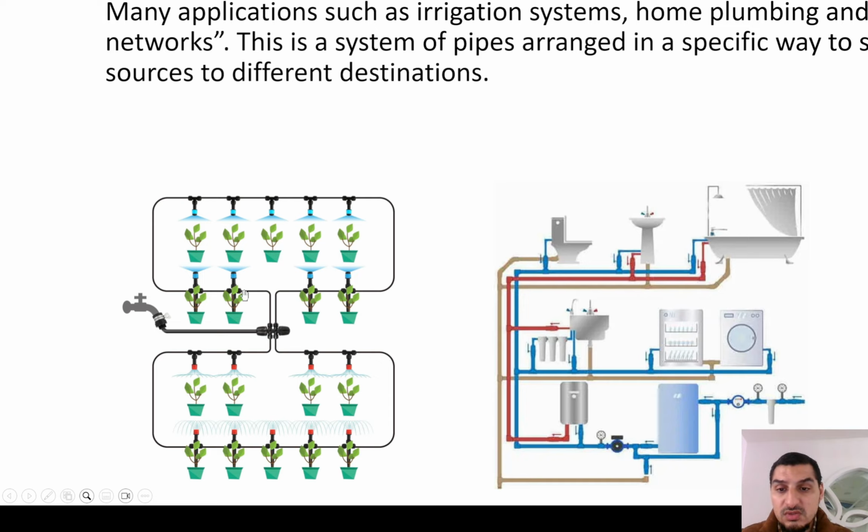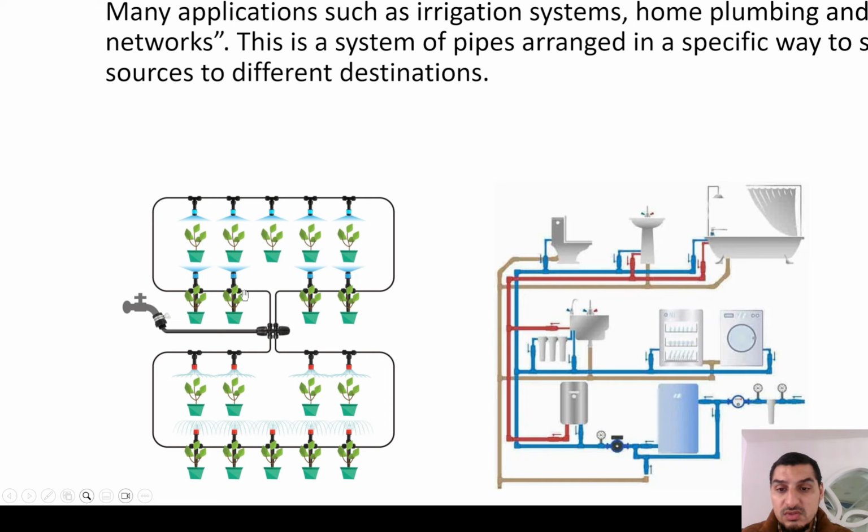In this case, the potential difference between the 2 points is the same, and the current will split between these two branches so that the potential difference is equal for both branches, V1 and V2. So the current here depends on the resistance, and the current here depends on the resistance.